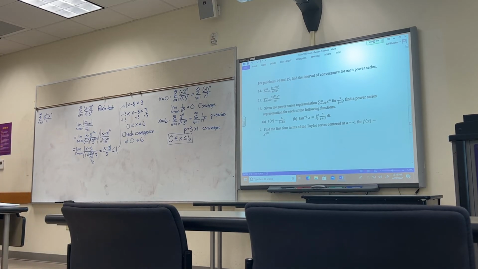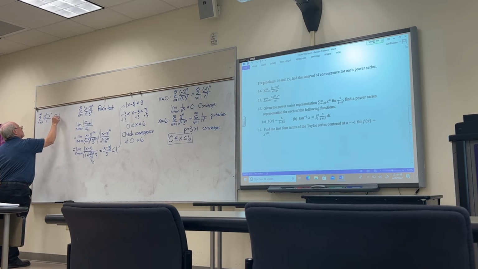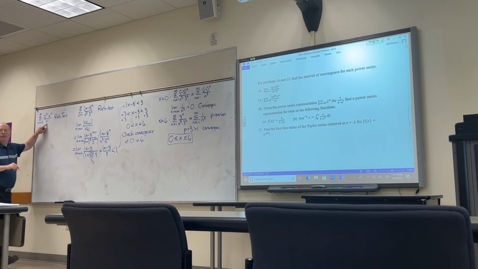Again, what are we going to use to find the interval of convergence? Again, we'll use the ratio test. Remember, the ratio test is always going to be the best test to use if there are factorials involved. So again, we take the limit of the n plus first term over the nth term, taking the absolute value.